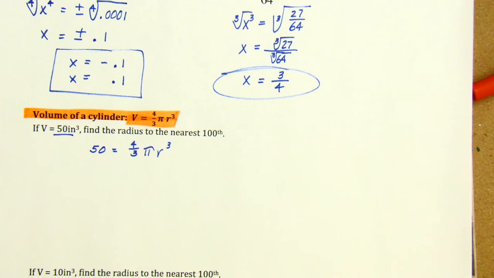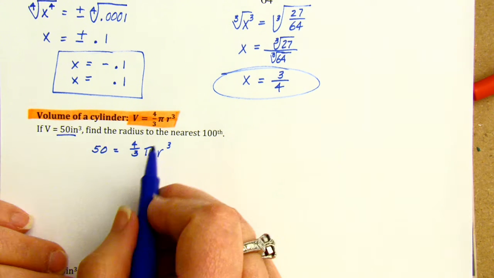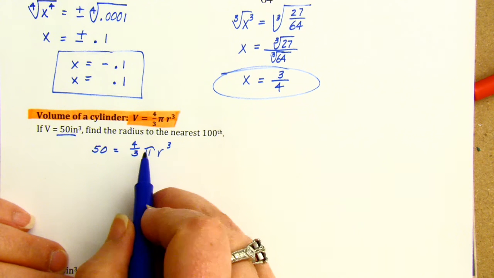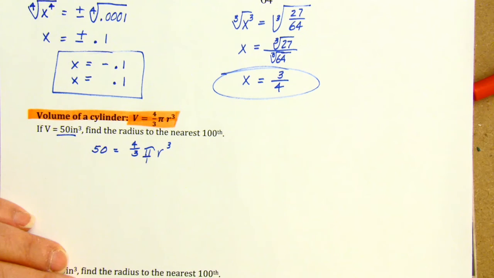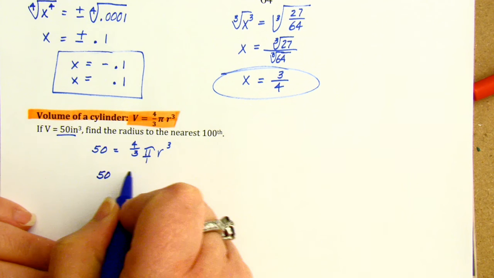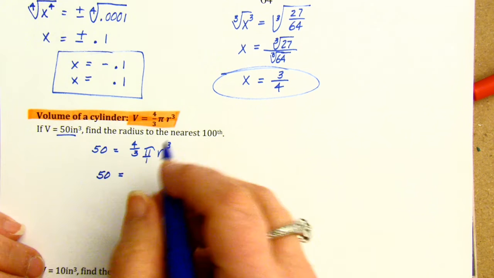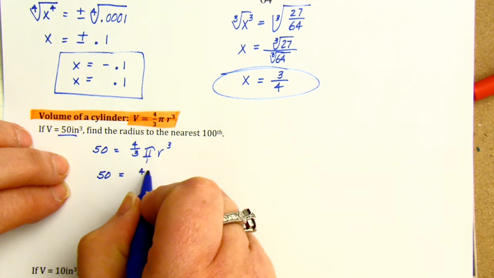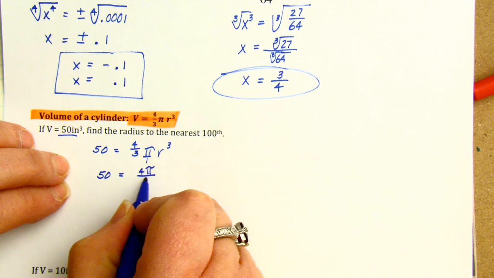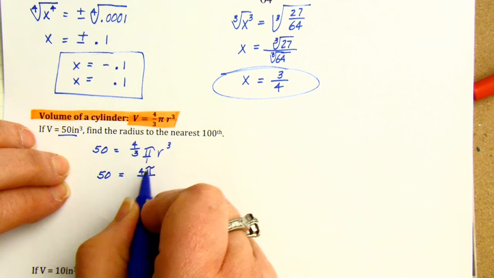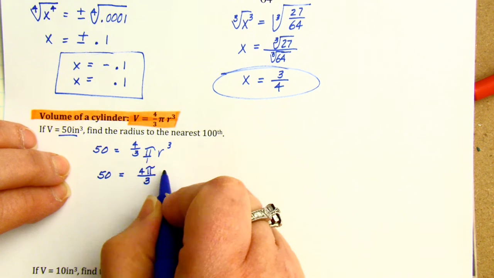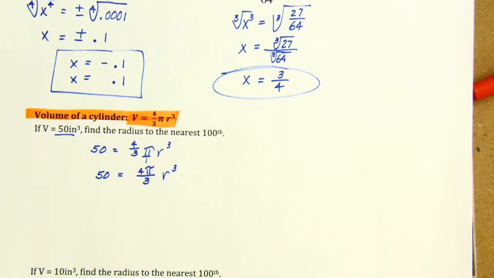Folks, we can break this down, and we could set it up so that this is easier for us to have less steps. First, what you have to realize is that pi is really pi over 1. And so I'm going to rewrite this as 50 equals 4 pi over 3, right? Because 4 times pi is 4 pi, and 3 times 1 is 3, times r cubed. This is the preferred method.